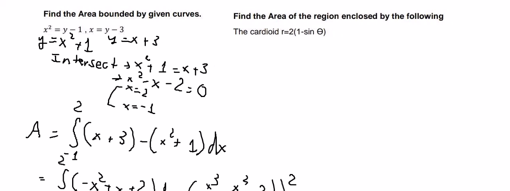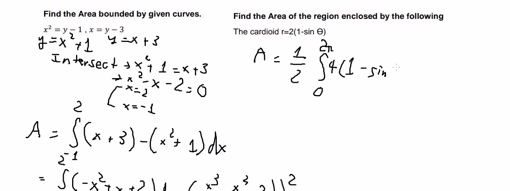Now let's go to the last one. The formula of this one is 1 over 2, the integral from 0 to 2π, and we have 2 to the power of 2, you get 4, times 1 minus sine theta to the power of 2 d theta.